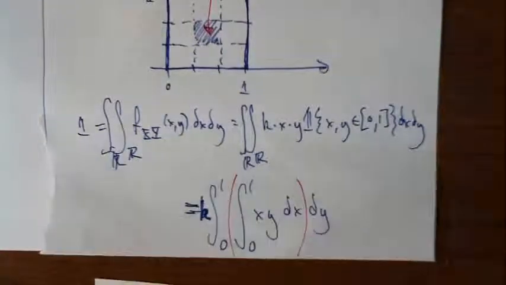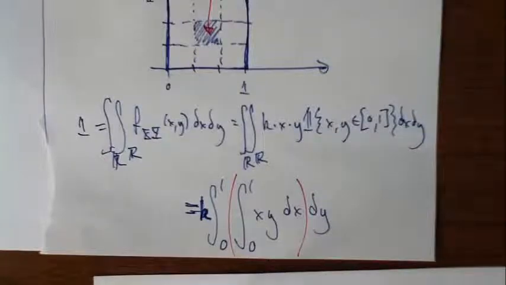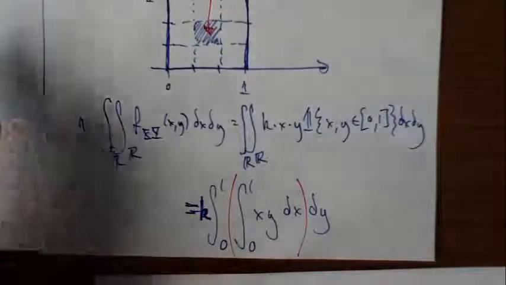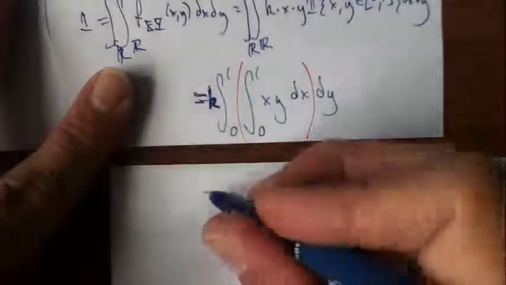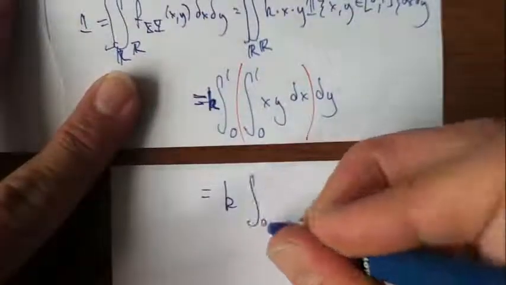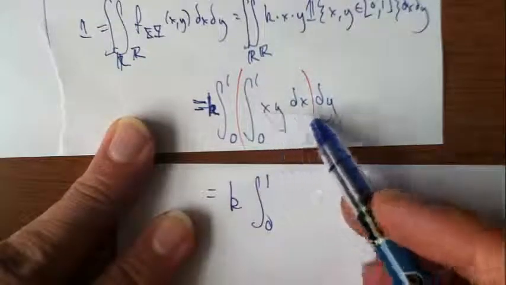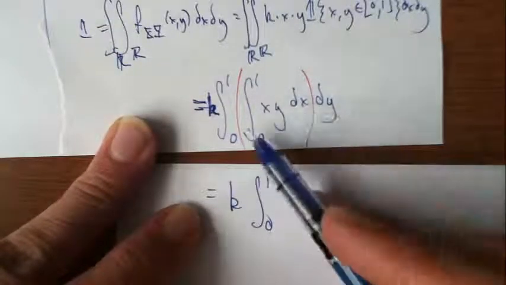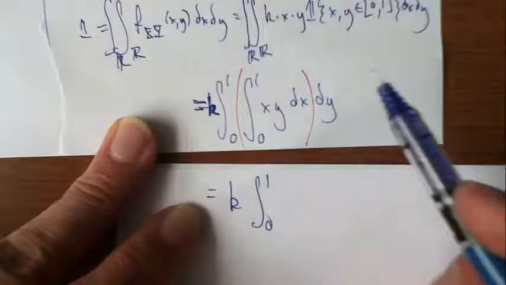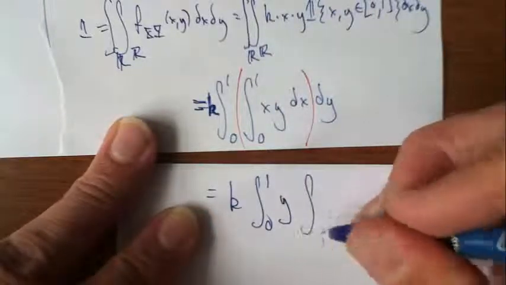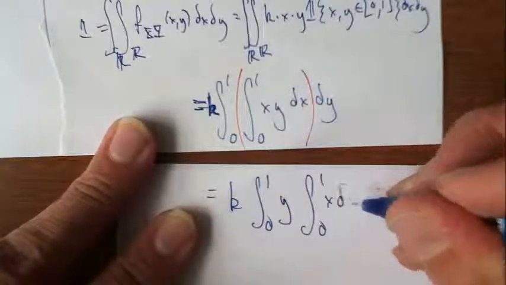So how do you evaluate this integral? Well, this will be k times, let's see, this y is a variable, but it's constant with respect to x, so I can pull it outside that first integral. See that?